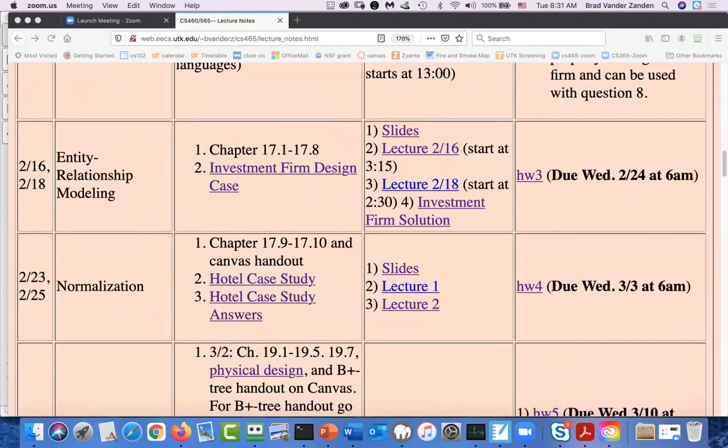This week we're going to talk about normalization, which is a bottom-up approach to designing a relational database. And we often use the two hand in hand. I'll show you when I get to the slides. There were just a couple things I wanted to mention before we get to that.